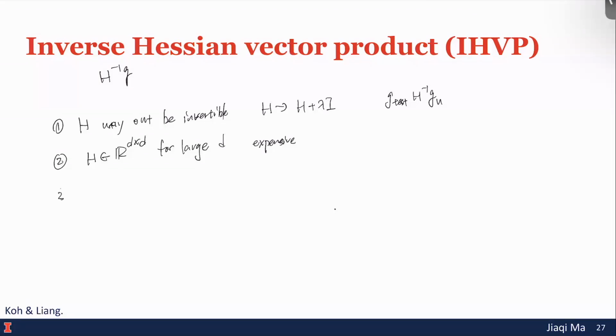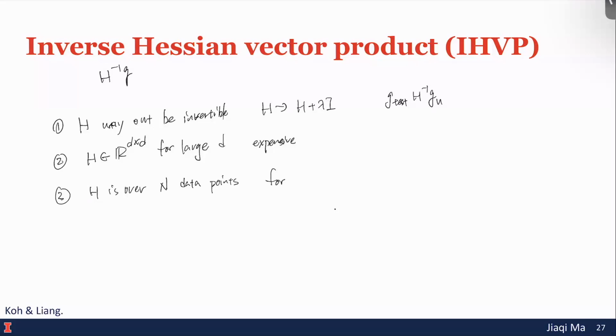And the third problem is the Hessian is over all the n training data points.